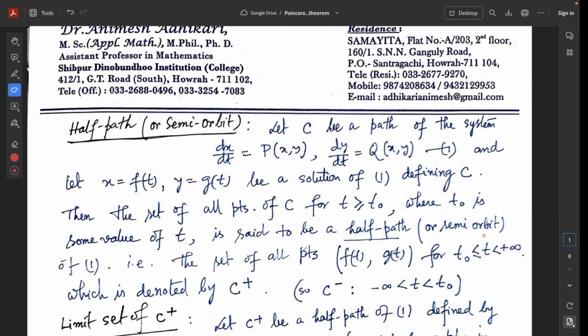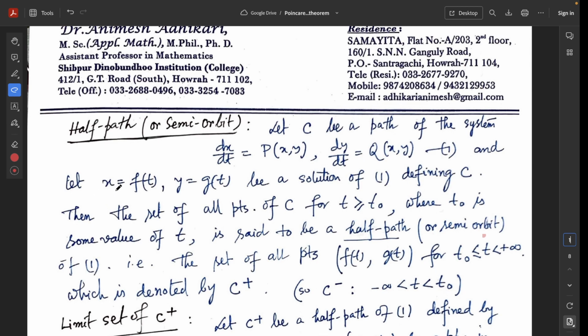Half path or semi-orbit means: let C be a path of the system, a first order nonlinear differential system, dx/dt equal to P(x,y) and dy/dt equal to Q(x,y).